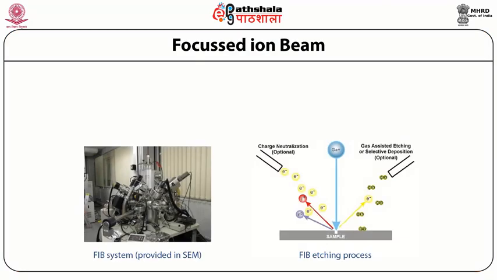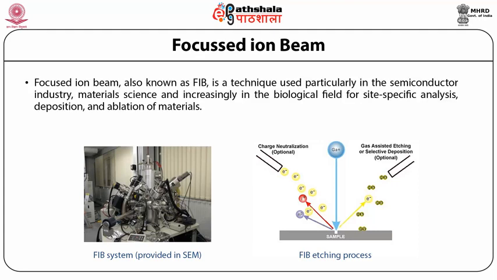Let us now discuss the focused ion beam. Focused ion beam, also known as FIB, is a technique used particularly in the semiconductor industry, material science, and increasingly in the biological field for site-specific analysis, deposition, and ablation of materials.